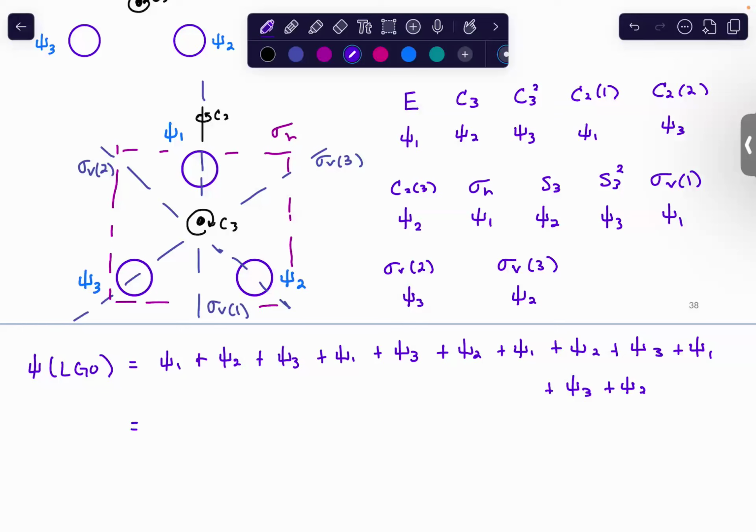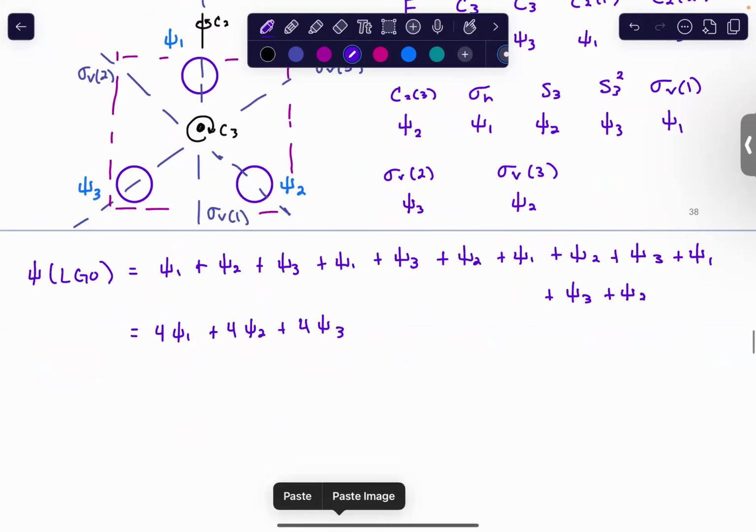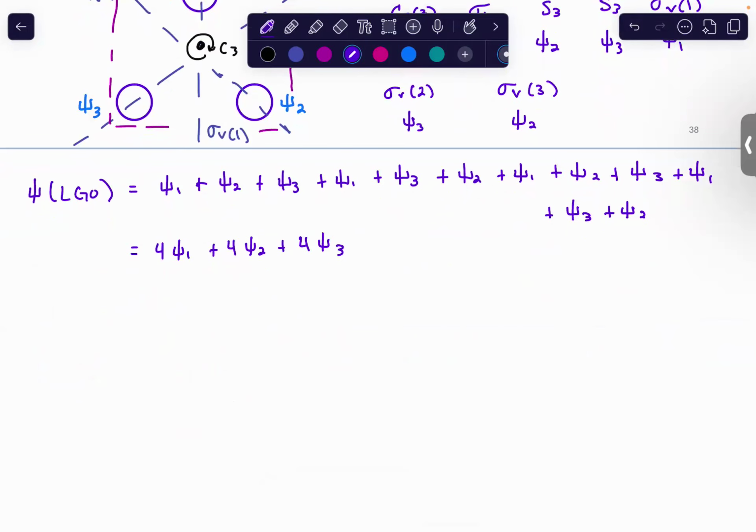And when we add all these up, we're going to pull those fours out front. The book gives normalization constants, but we're not real worried about that right now. What you're going to be getting is a normalization constant. And looking at this, which symmetry would you say this is going to go with?